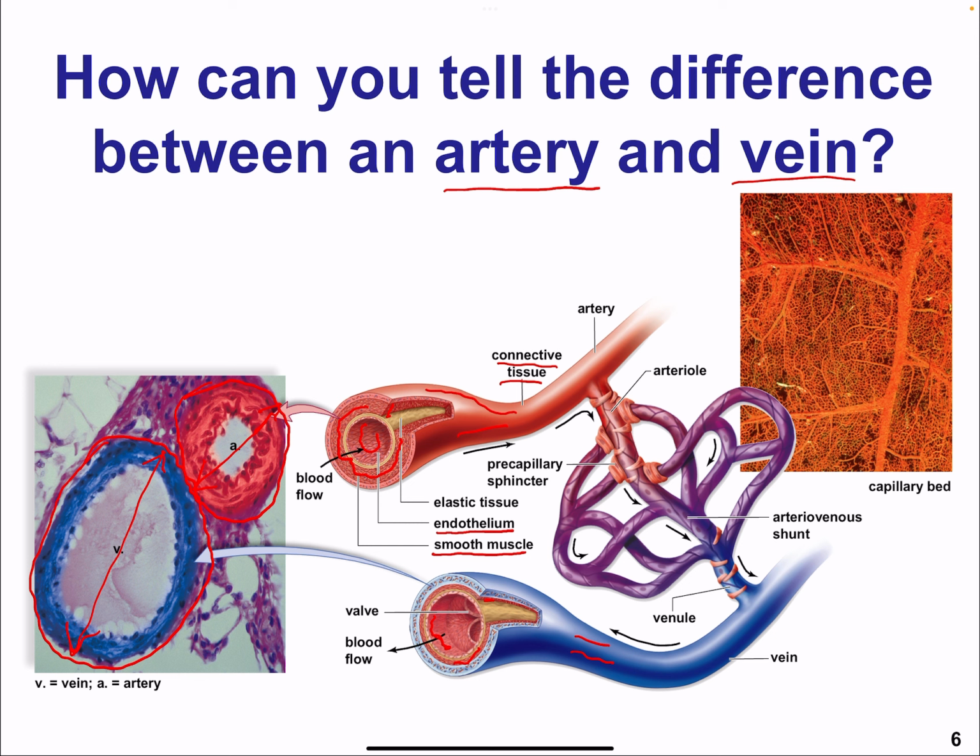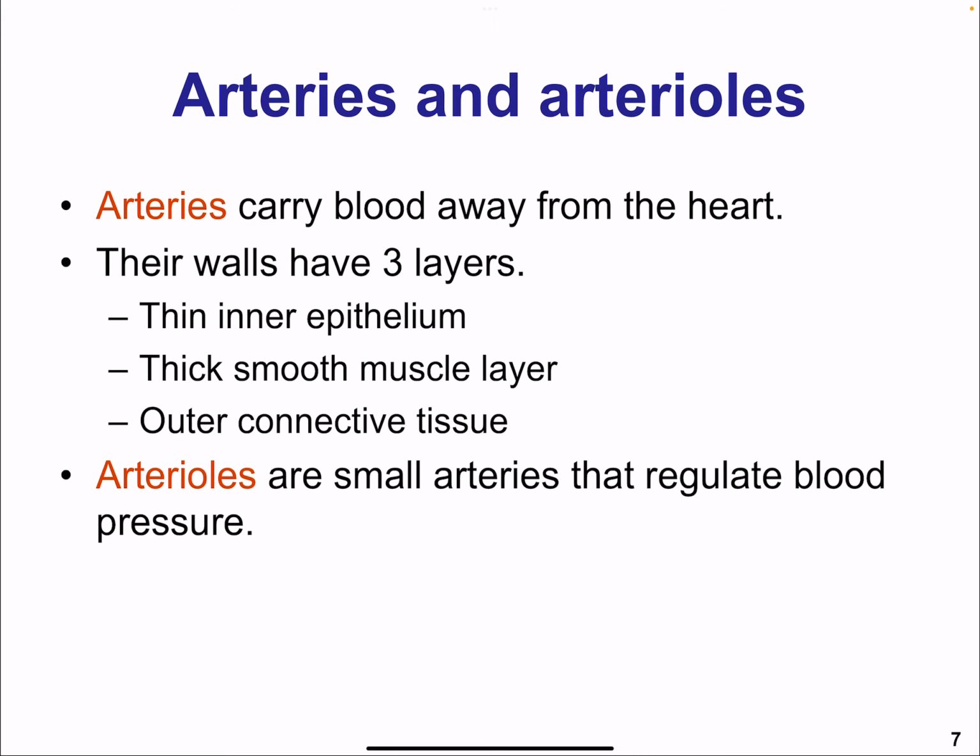So this is the close association between structure and function for veins and arteries. Okay? Arteries have to tolerate high blood pressure, while veins do not have to tolerate high blood pressure, right? Now, to deal with that high blood pressure, the arteries have to have a thicker layer of smooth muscle.